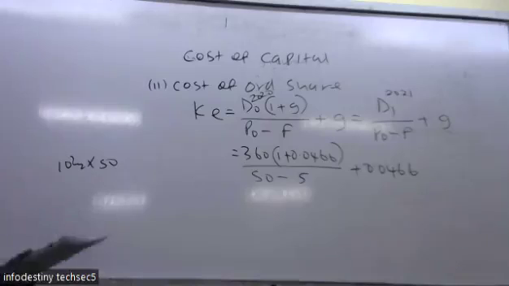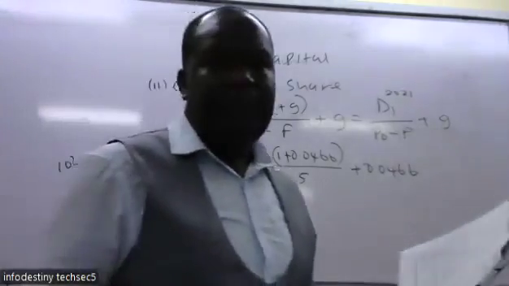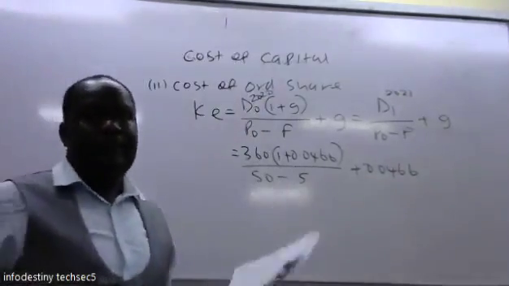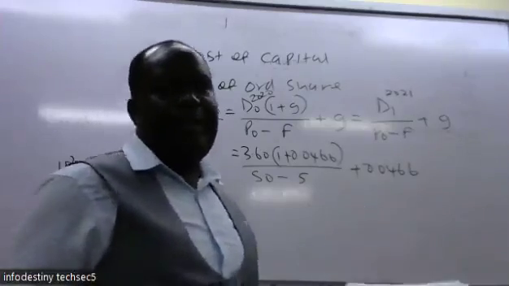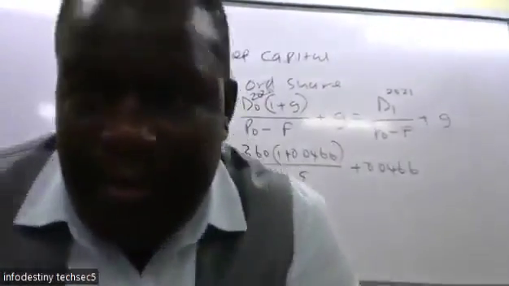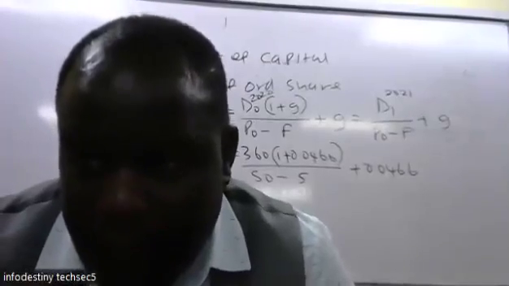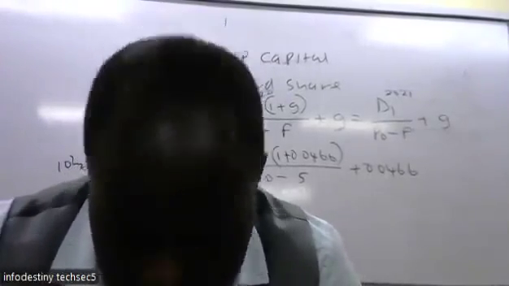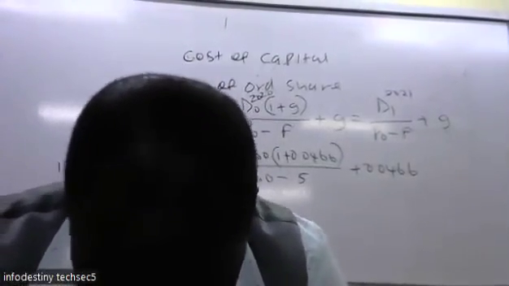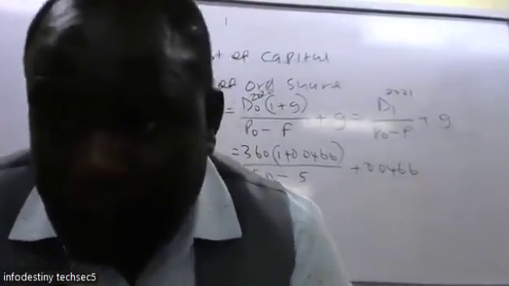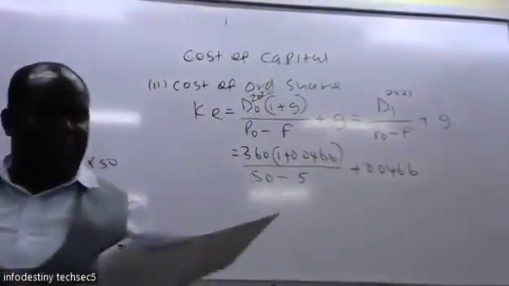We also express it as a percentage, and we get 13 point something. So that is now the cost of the ordinary share.